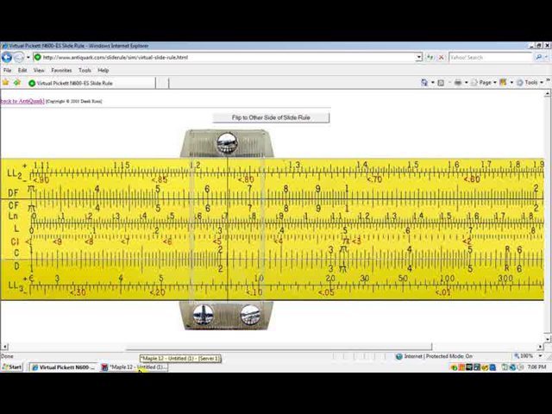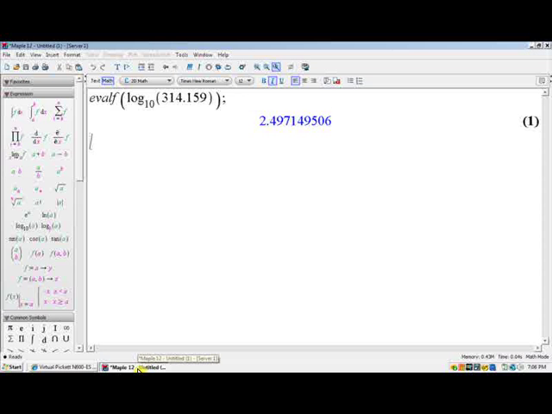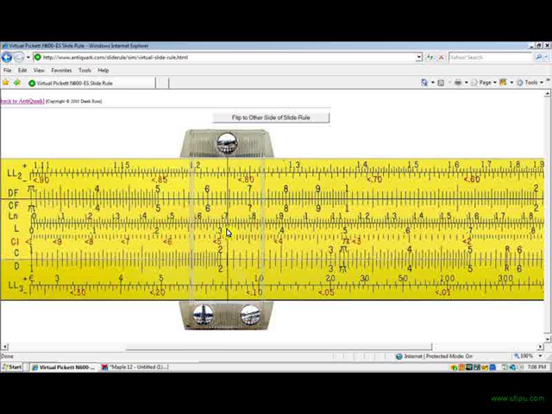Let's put that into Maple. 0.487. I'll get negative 0.312, which is exactly what I had here.